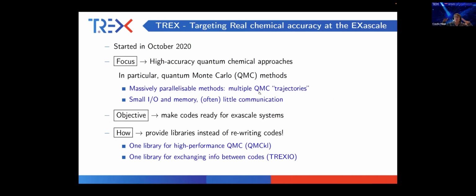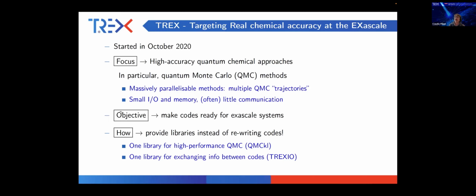You can think about multiple trajectories of walkers, which are sampling your wave function, where you can actually compute expectation values and project a better approximation to the solution of the Schrödinger equation. These techniques use a relatively small I/O and memory, and for many purposes also relatively little communication.